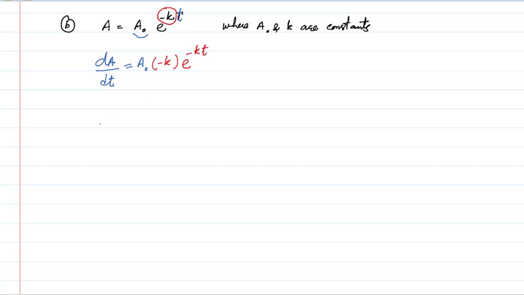The correct form is, minus will be outside, minus k a naught e raised power minus kt. This is how a chemistry question is basically solved using the first differential or second differential. Second differentiation, that is what we are basically doing.